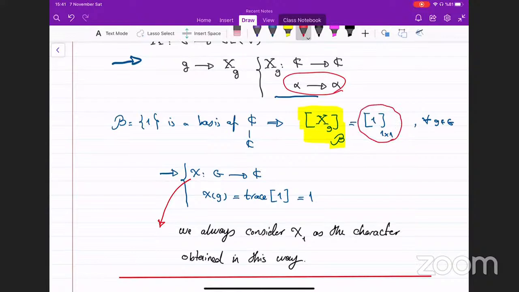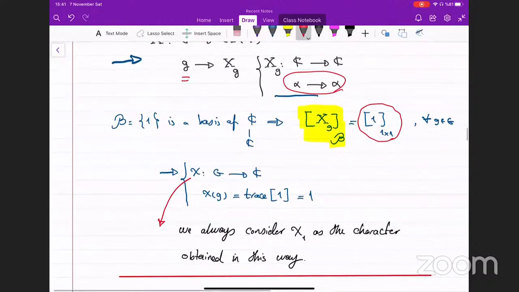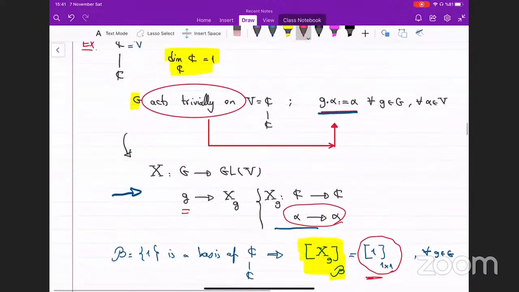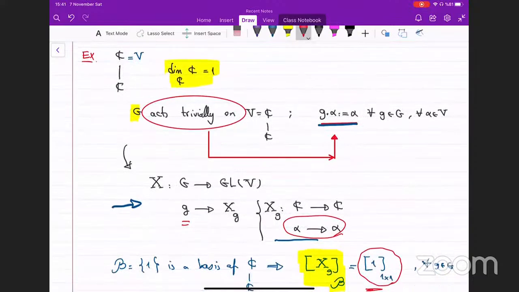This is true for any g that I choose in G. But chi of any g was the trace of such a matrix. Any matrix for this representation is a 1 by 1 matrix which contains only 1, so its trace is only 1.